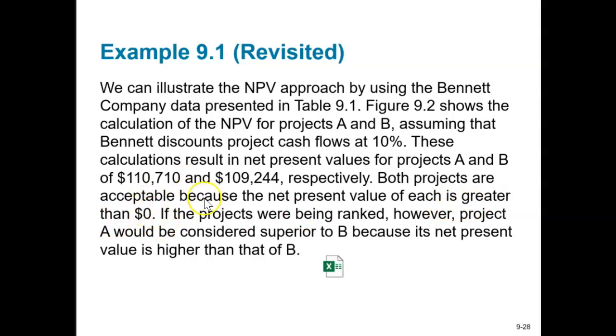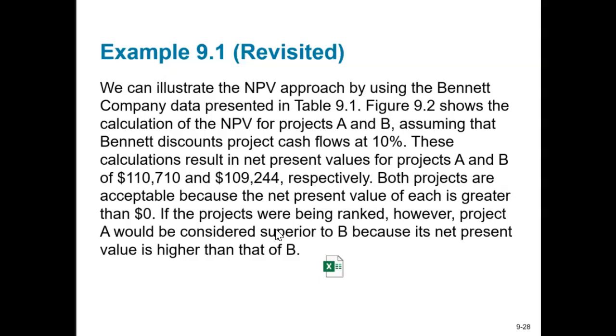But if we want to rank the two projects, then project A is superior. Why? Because of the higher dollar value than project B's 109. So we would say that project A is superior to project B because its net present value is higher than that of B.